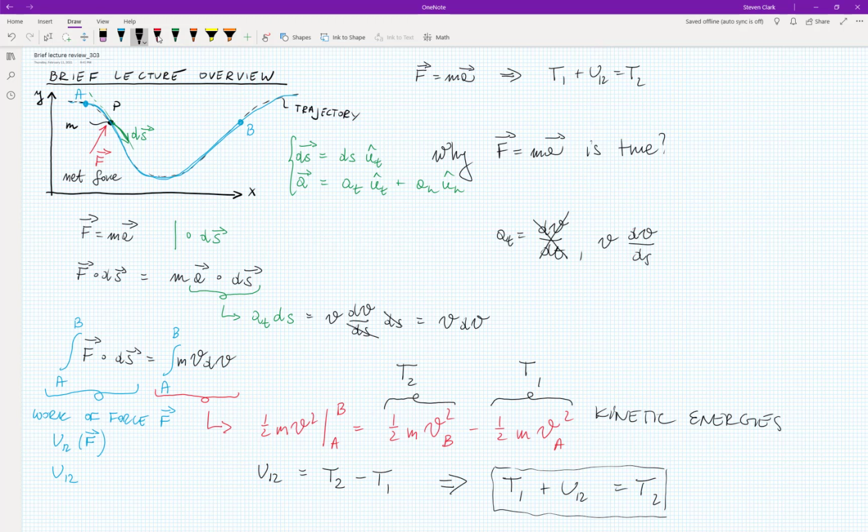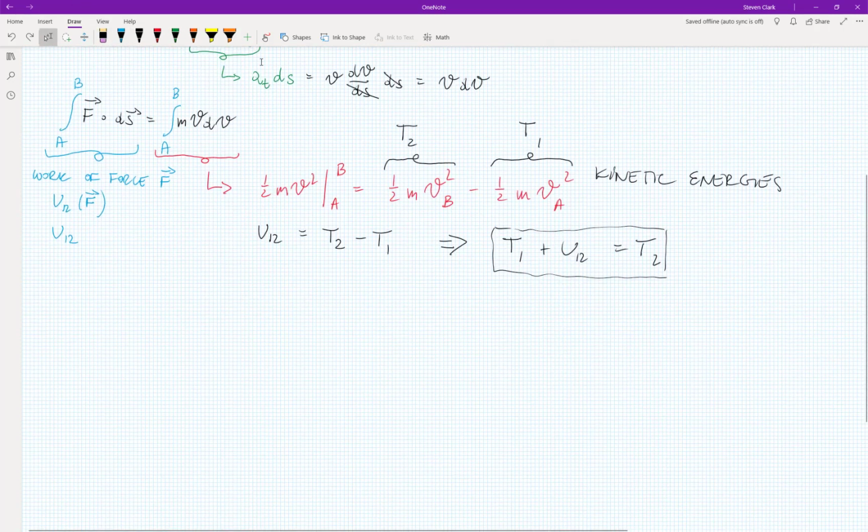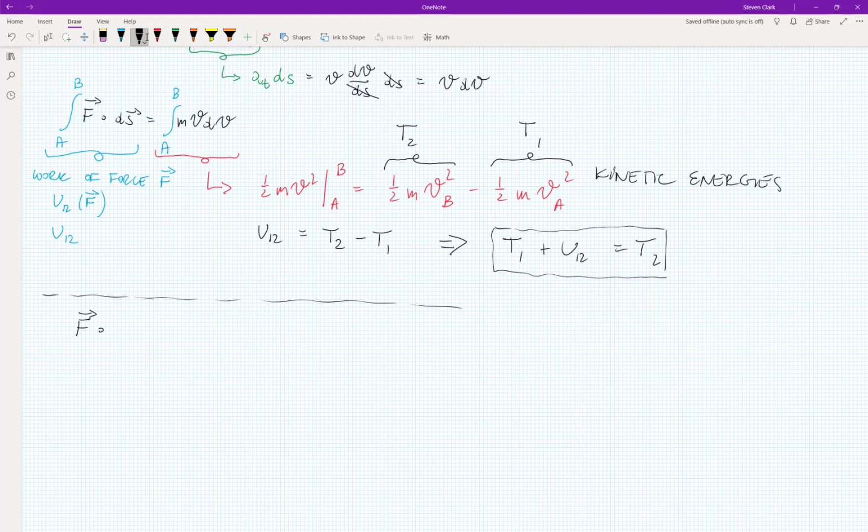Okay, before we move forward, I would like to focus a little bit on this dot product, F times ds. So, what is exactly F times ds?